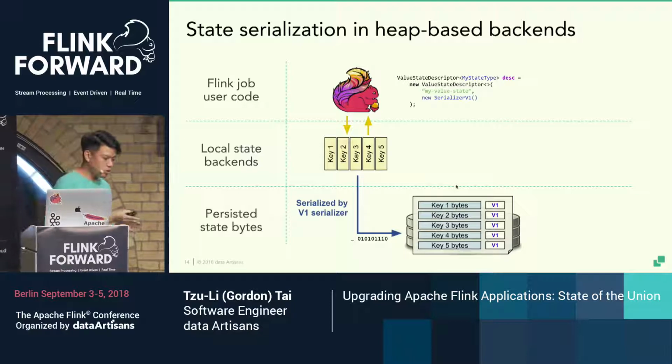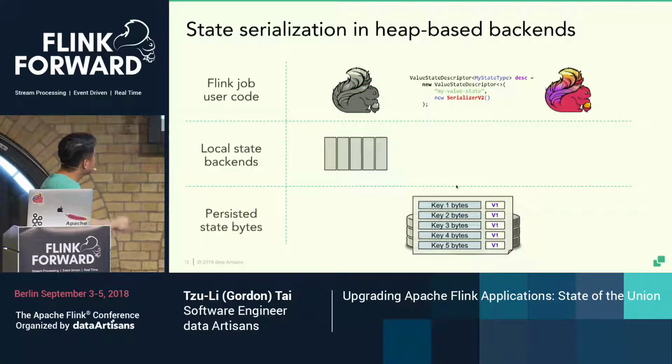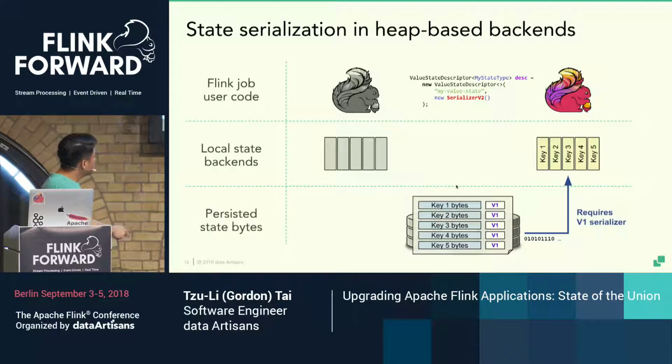Now you want to restore from the save point, so you upgrade your job, and this upgraded job uses serializer version 2 for this specific state. When you restore, these state bytes are deserialized back into the state backend, and then you proceed with your computation.